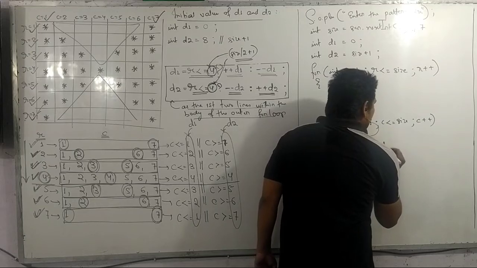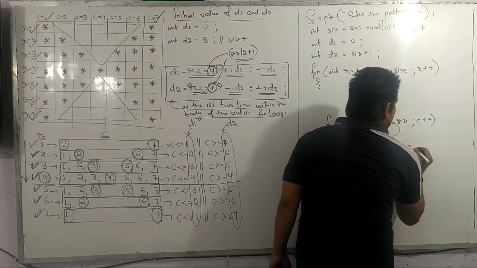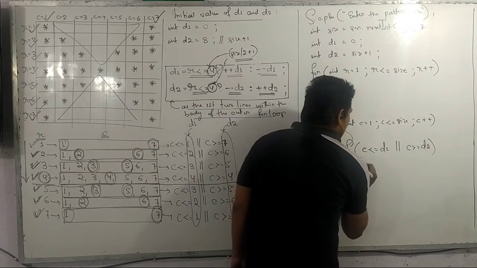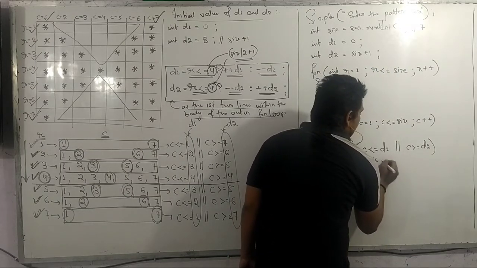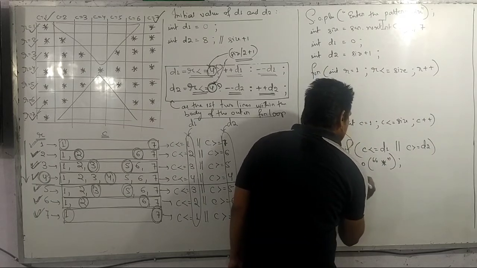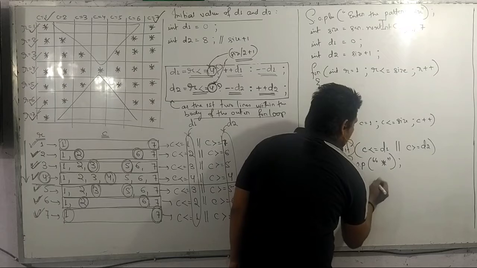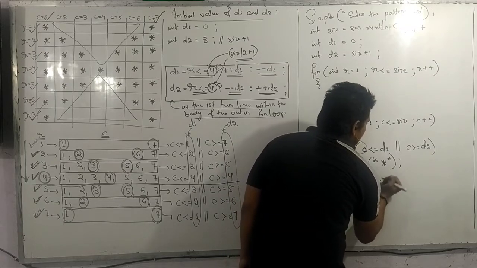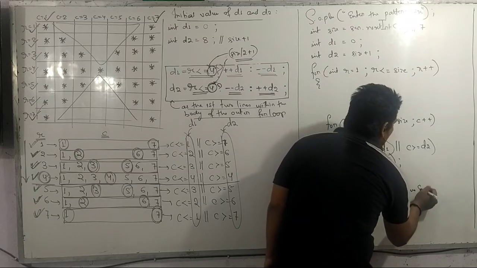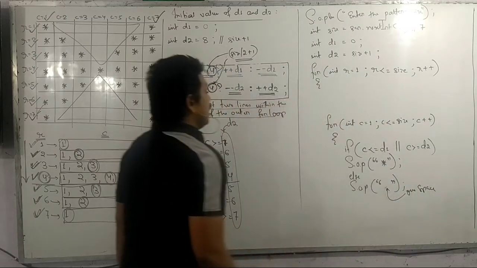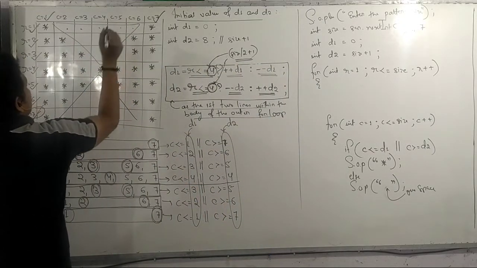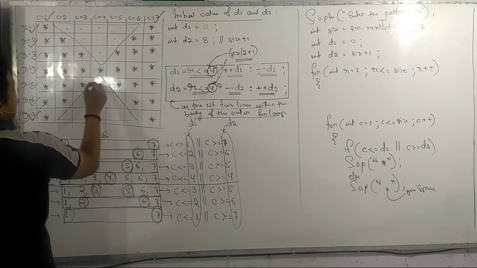System.out.print star, else System.out.print space. Okay, one space. If this condition is not satisfied, we have to display the spaces. Yes or no?